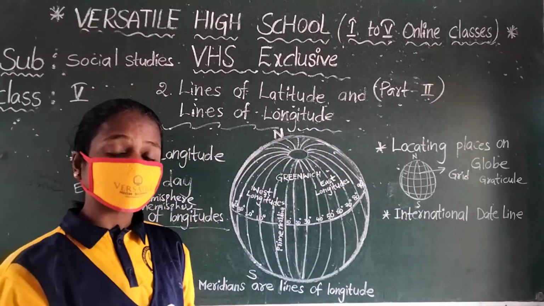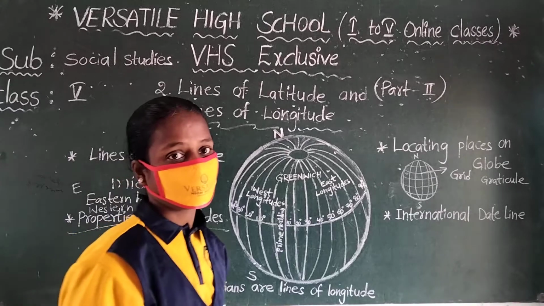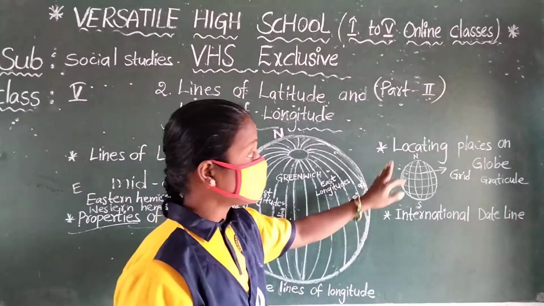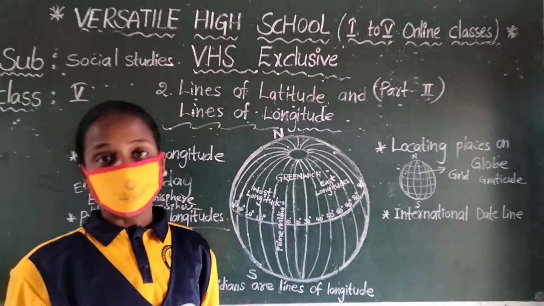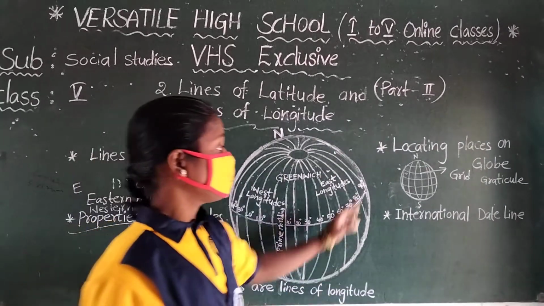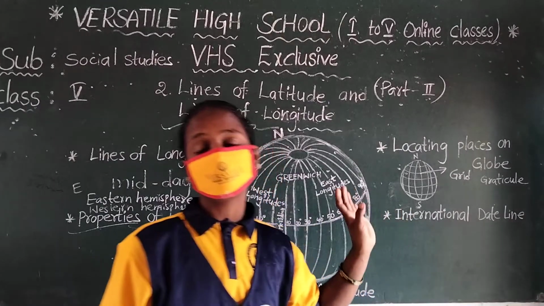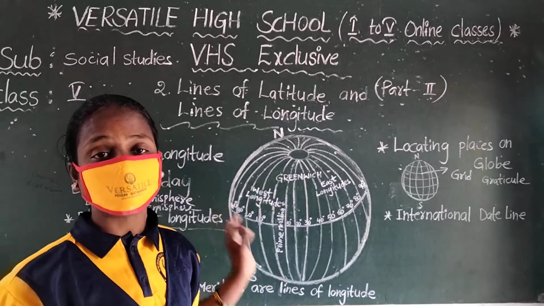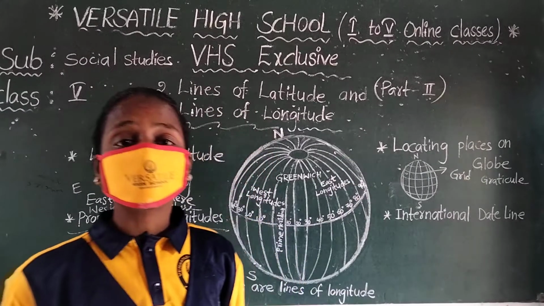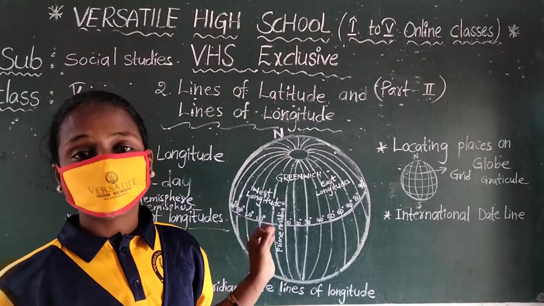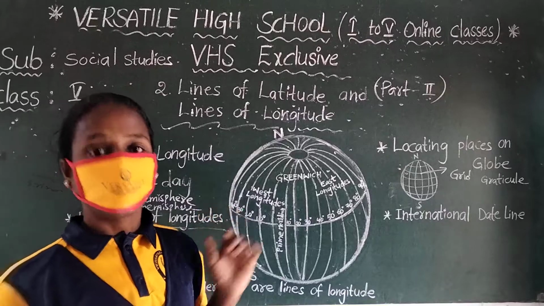With the help of which one? Grid. With the help of the grid, you locate all the places on the globe. What is a grid? If you draw lines of latitude and lines of longitude meeting at points, that is called a grid. The grid helps in locating all the places on the globe.